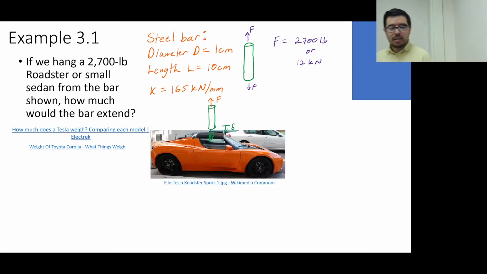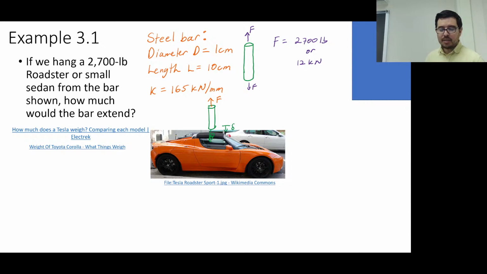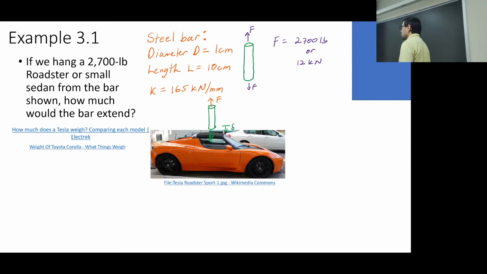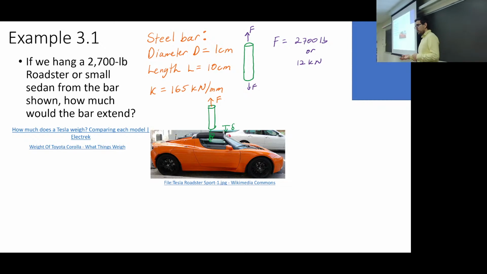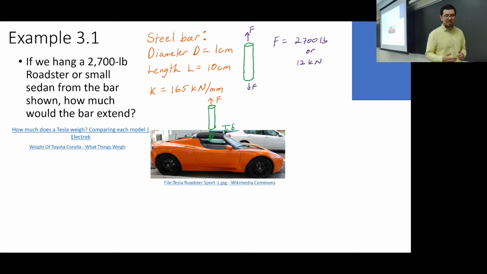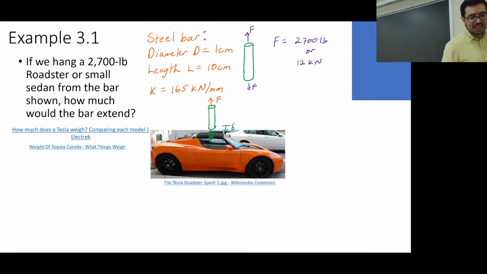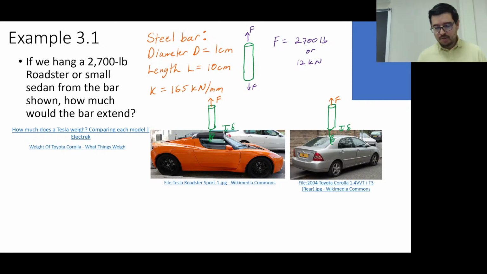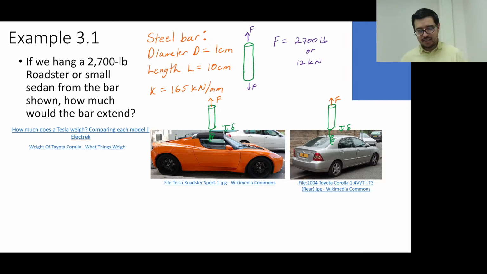And let's say that we're using that nice 10 centimeter long, 1 centimeter diameter cylindrical bar, and there's the roadster hanging very poorly by my crummy drawing. Or there's the sedan, okay, hanging by my very crummy drawing.